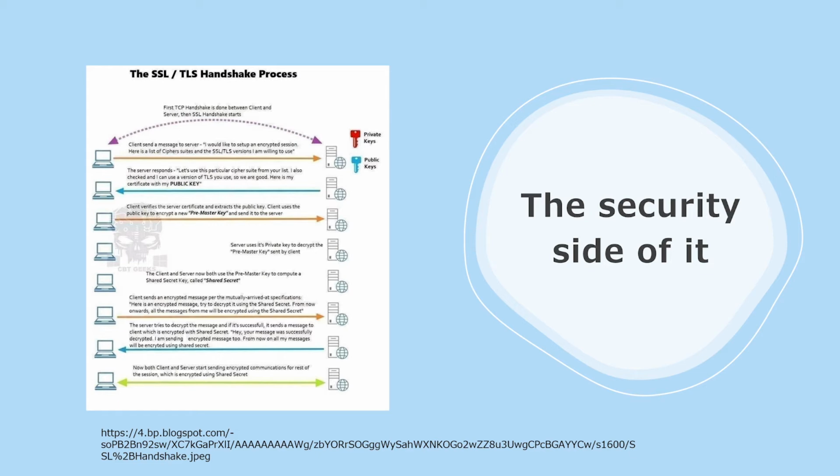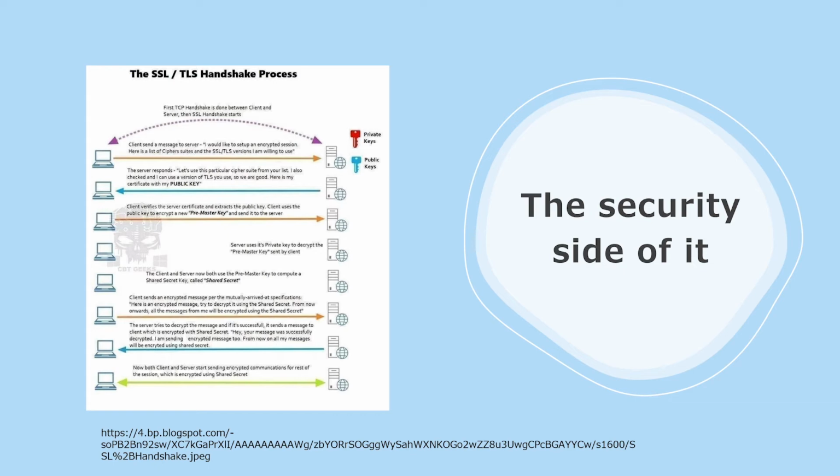The server responds with which one it's going to use, and says, "Here's my certificate with my public key." Using that, the client verifies the server certificate and then extracts the public key. The client then uses the public key to encrypt a pre-master key and sends it to the server. The server decrypts the pre-master key, and now they have a shared secret. This is what they're going to use to communicate.